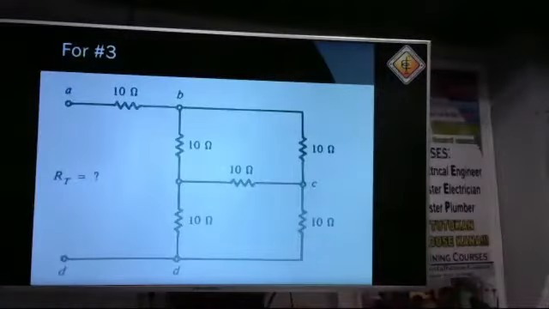Okay, let's go now to problem number 3. I will draw first our circuit for problem number 3. Here we have 10 ohm resistors.